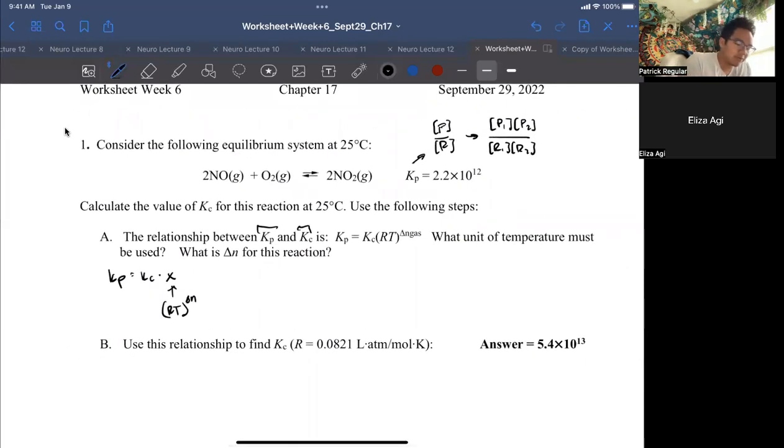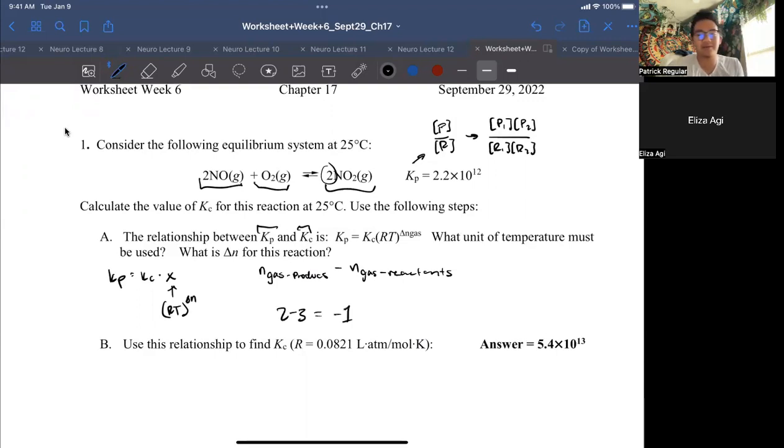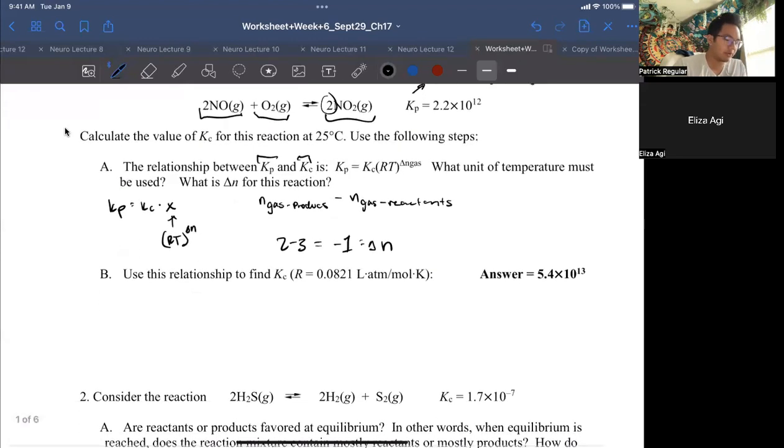So delta N will be your moles of gas in your products minus your moles of gas in your reactants. All right. So if your product has 2 moles of gas and your reactants have 3 moles, that would be 2 minus 3. You have an exponent of -1. That's your delta N. Okay.